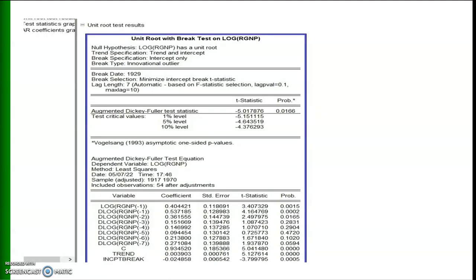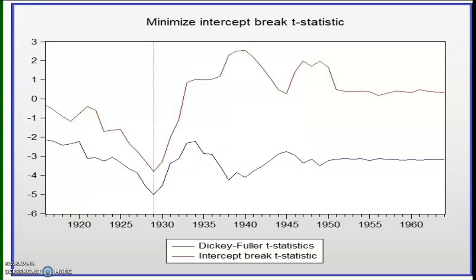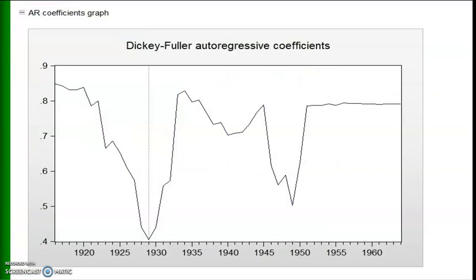And then I took the unit root test with break points on log of real GNP, which rejects our null hypothesis, and we conclude that this series of log of real GNP is stationary at level, and this is the Dickey-Fuller T statistic and intercept break T statistic, and these are the Dickey-Fuller autoregressive coefficients.